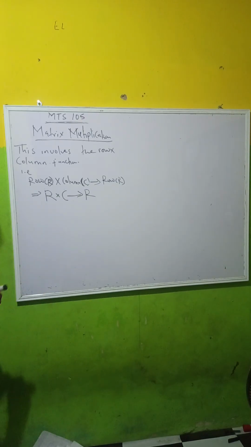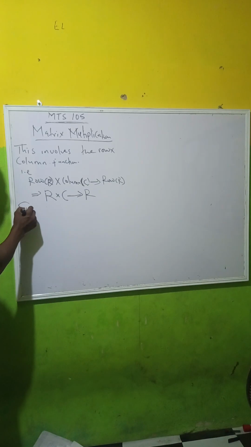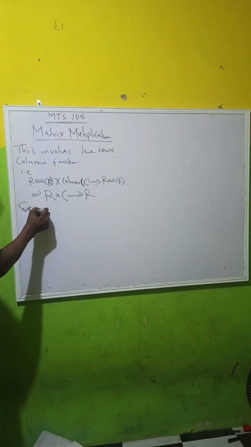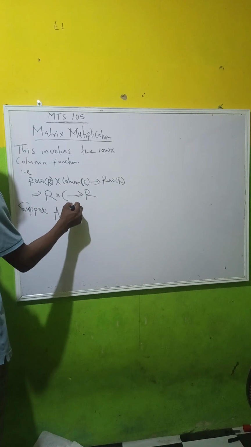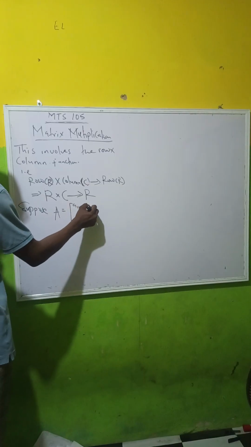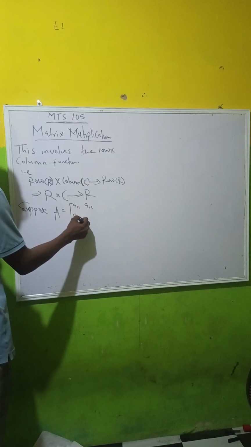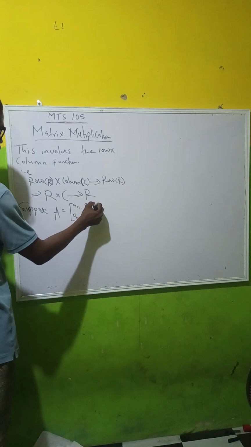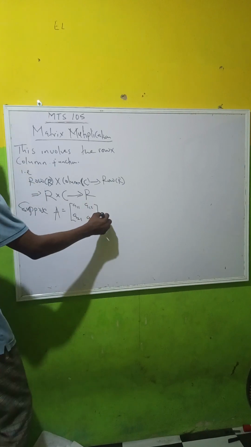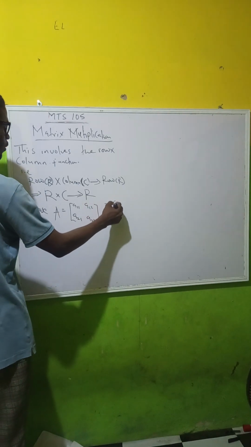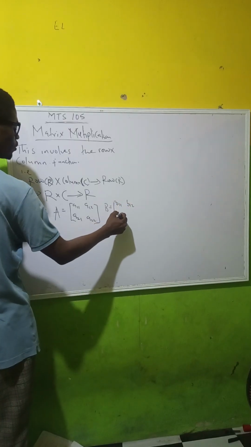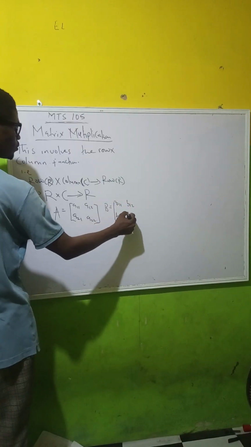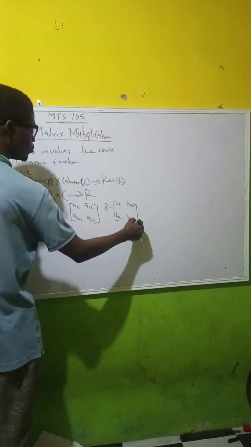Now let me explain that. Suppose that A is equal to A11, A12, A21, A22, and B is equal to B11, B12, B21, B22.